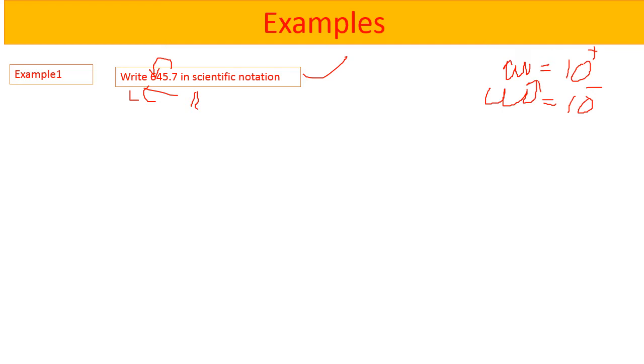So we multiply by 10 raised to the power 2 because we move this decimal 2 digits, and we write this number in scientific notation as 6.457 into 10 raised to the power 2.